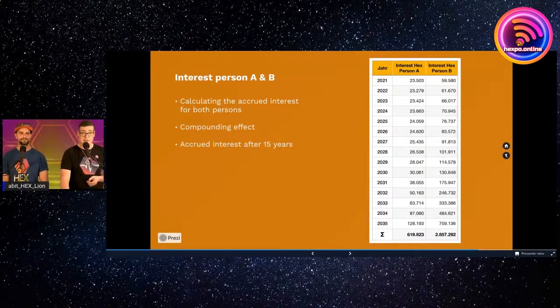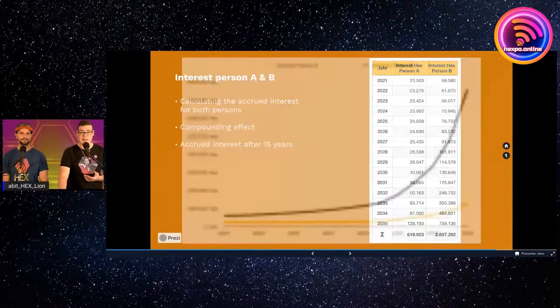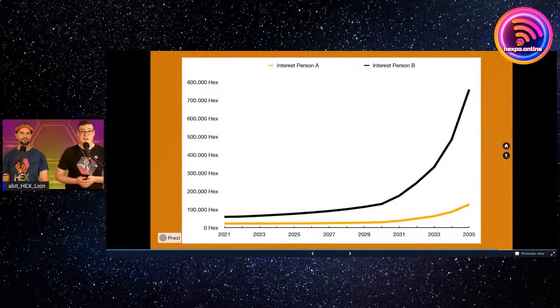So a huge difference. Let's have a look at how that looks in a chart perspective. Here we see the chart perspective of the interest. I would like you to concentrate at the beginning first, because we see that from the get-go, person B, who is just chilling and staking for 15 years, is outperforming person A by a lot, because person A is only staked for 1 year, and he is getting the best T-shares with the best bonus from the get-go.